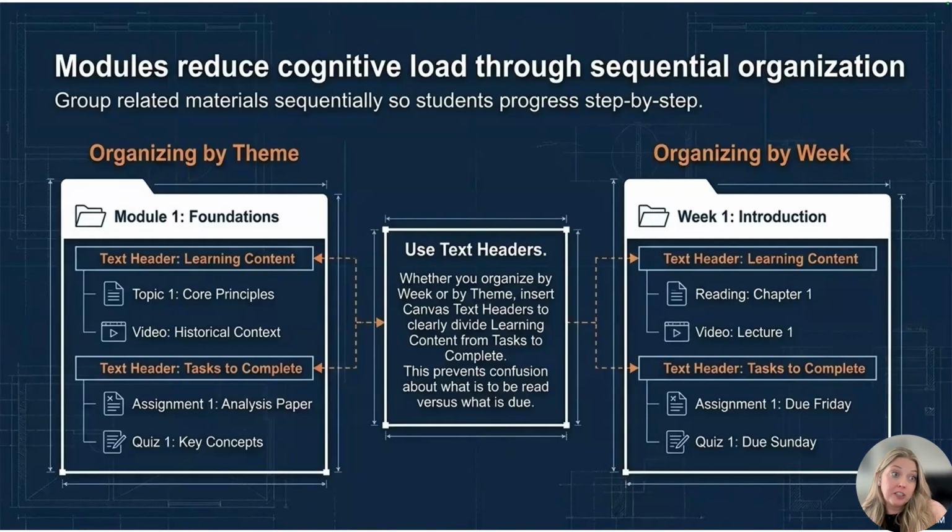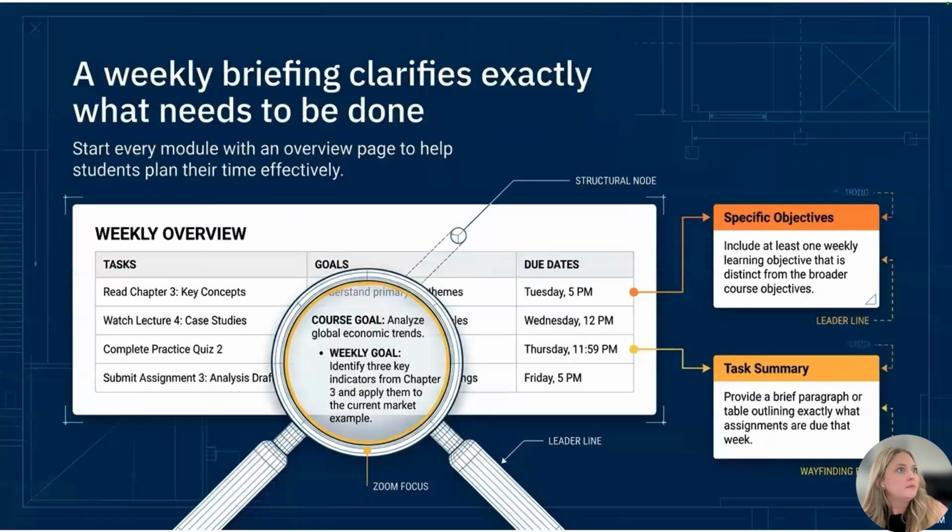And then another text header beneath that says, here's what you need to complete. That signals to students you've got essentially 2 tasks to do, learning and doing. And then they will be able to see at a glance what that looks like and how that's going to work together.